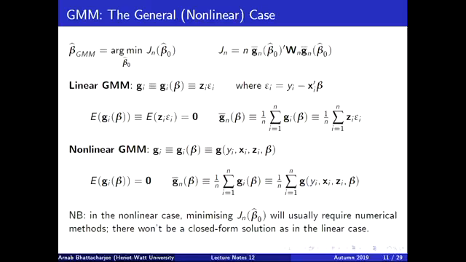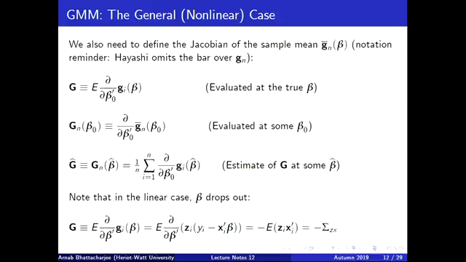This will, in the nonlinear world, be a bit complicated, because it's nonlinear. So we are not going to get closed form solutions like we had earlier, so we'll use numerical maximization here. So how do we do that? Well, by taking derivatives.